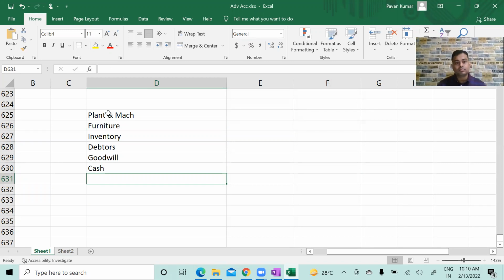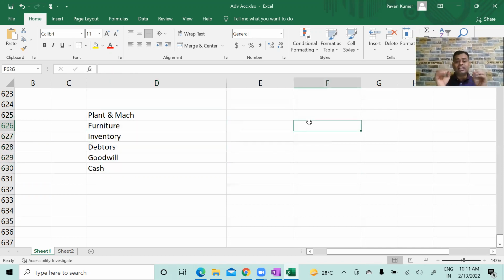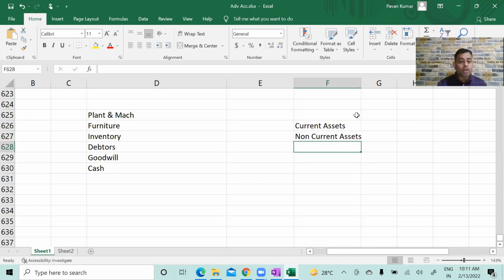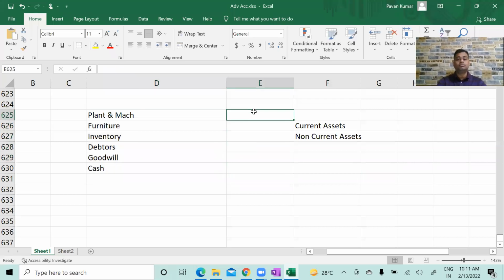Okay, so do all these assets fall in the same category? There are two types of assets, current assets and non-current assets. Can you identify in this list what are current assets and what are non-current assets? Plant and machinery? Non-current asset. Furniture? Non-current.